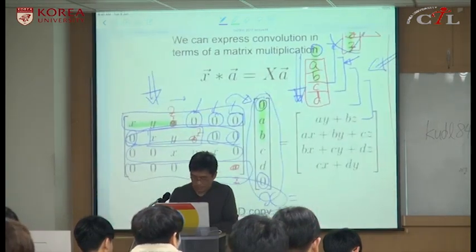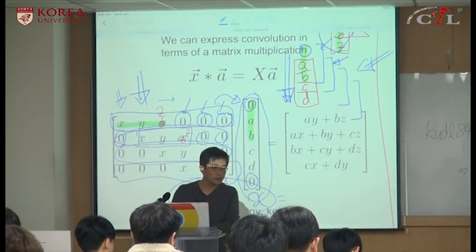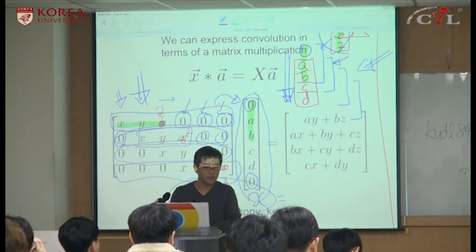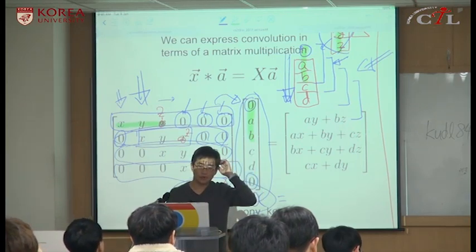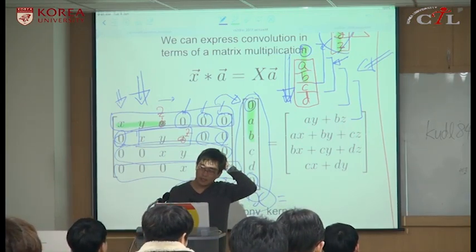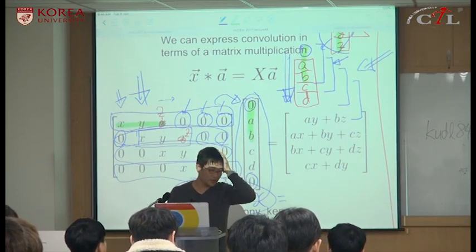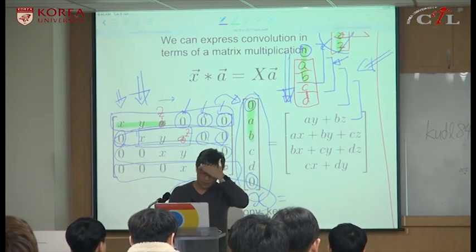So here, we just duplicated or copied our filters as different rows in our matrix on the left, right? So that way, we just copied our convolution filter coefficient.